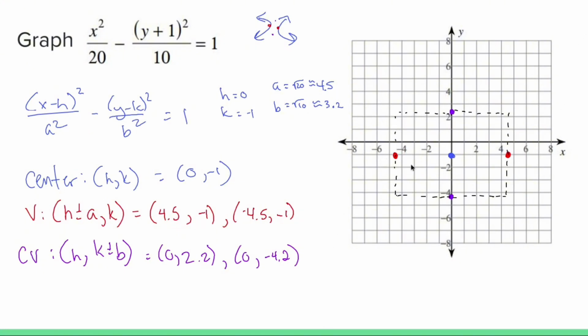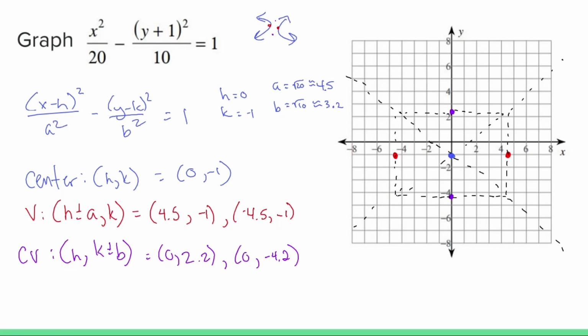Now, the diagonals of this box give me the asymptotes, okay? Like the guidelines for my hyperbola. Okay, so I'm going to try my darndest to use the center and draw these diagonal lines which act as my asymptotes. Perfect? No. But will this help? Yes.